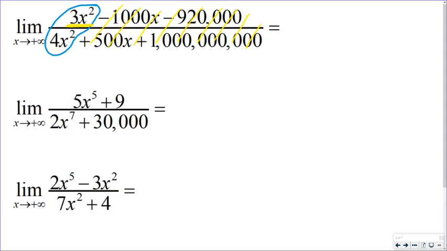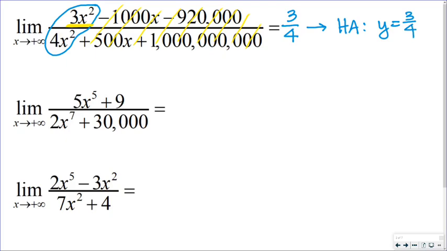And I can see the power of x is the same in the numerator as it is in the denominator. And therefore, the limit as x approaches positive infinity is 3/4, which tells me that the horizontal asymptote is at y equals 3/4.